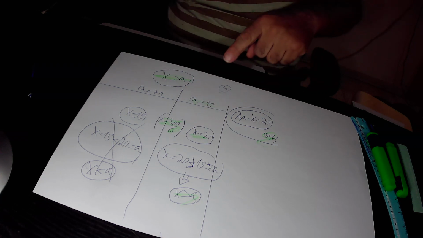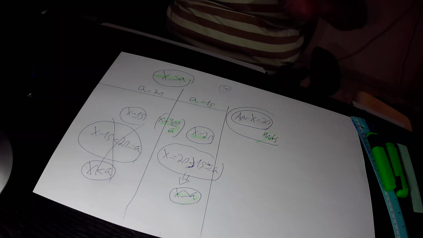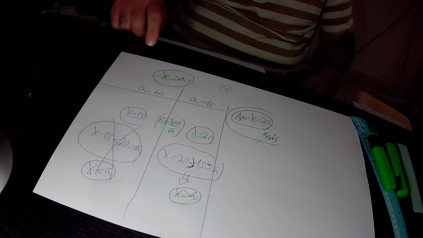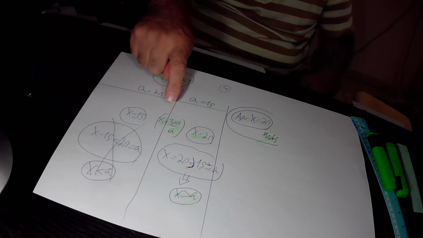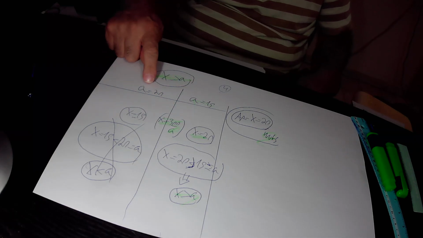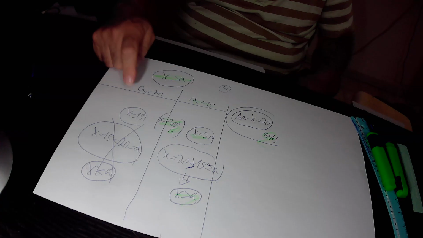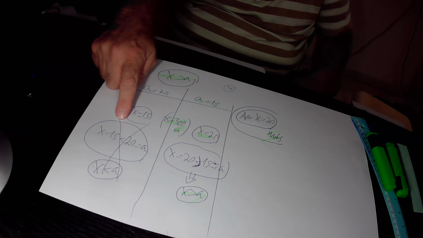So if A equals 15, then X must be equal to 20. Likewise, if A equals 20, then X must be equal to 300 over 20, that is 15. So if A equals 20, then X must be equal to 15.